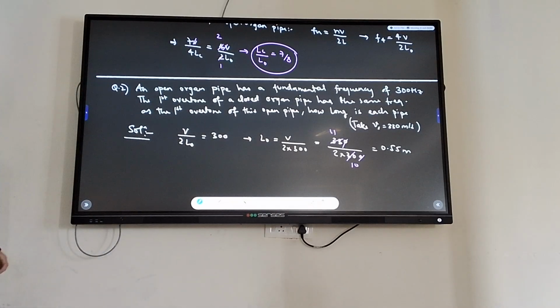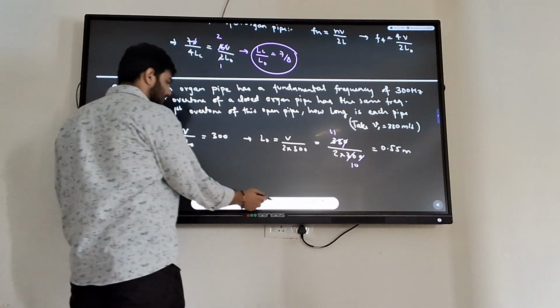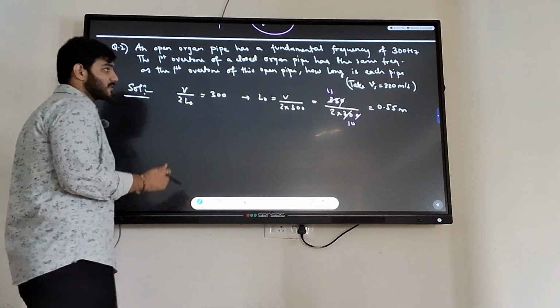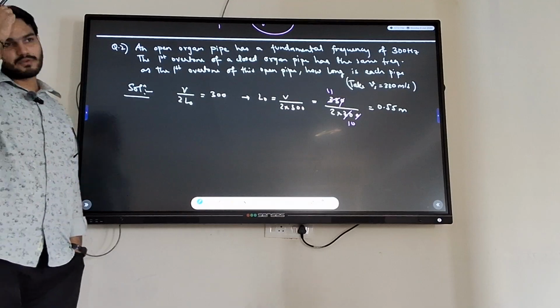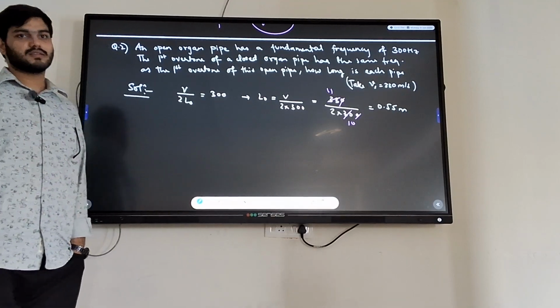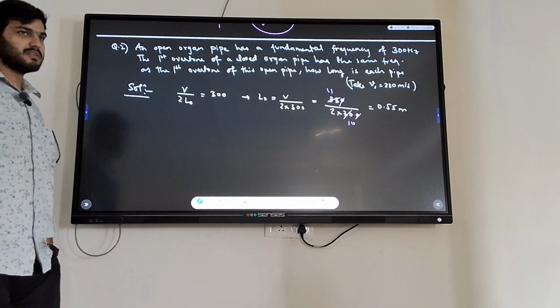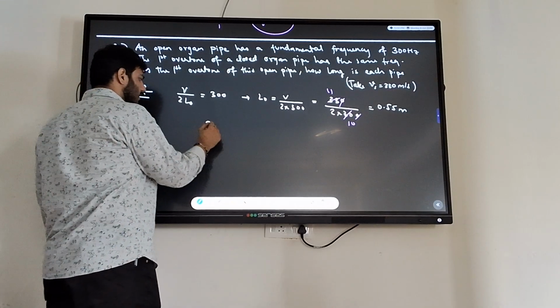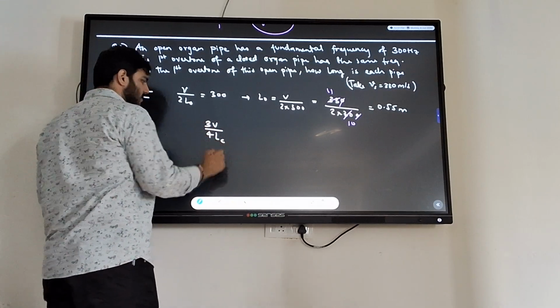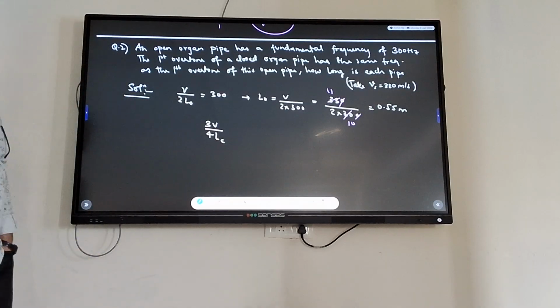The other thing given is that the first overtone of the closed pipe has the same frequency as the first overtone of the open pipe. What will the first overtone of the closed pipe be? N equal to what? 3V by 4L. And what about the first overtone of the open pipe?